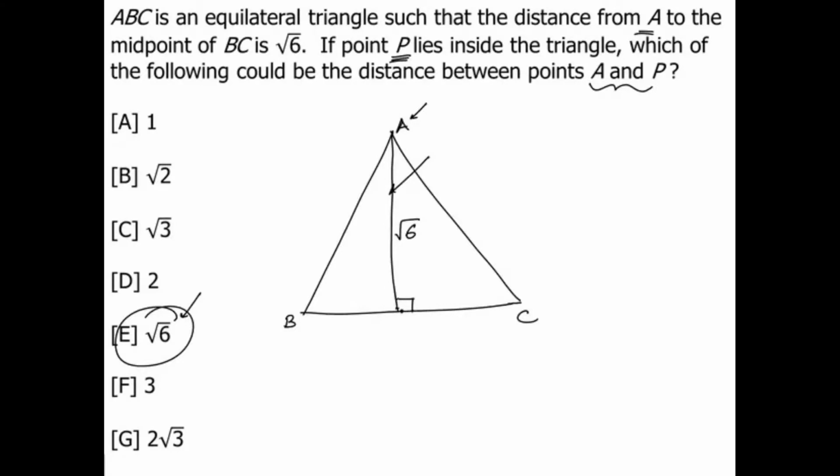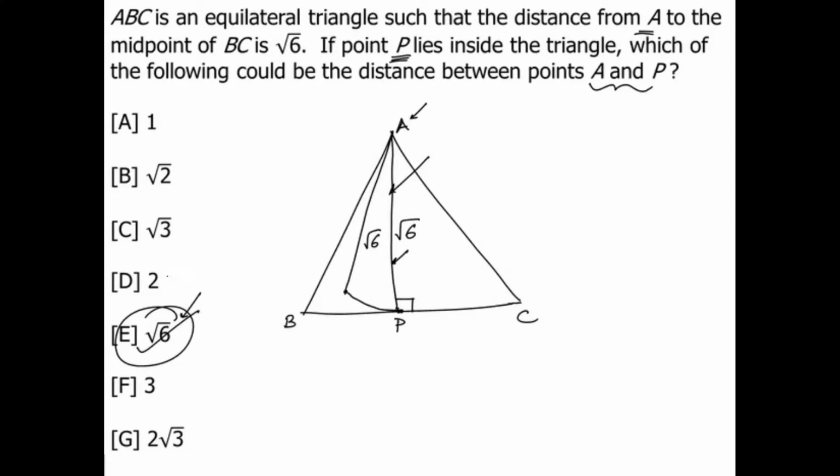So we know that if P was right here on the side BC, it would be square root of 6. But P could be inside as well. You can imagine rotating this perpendicular like this, that means we could have a point here that is of distance square root of 6. So that's acceptable.